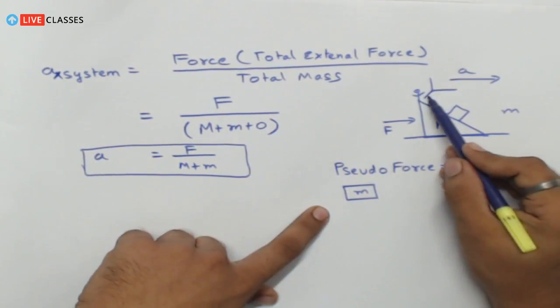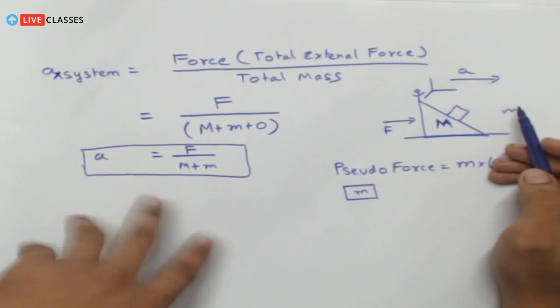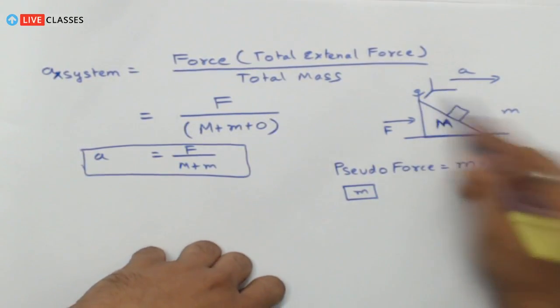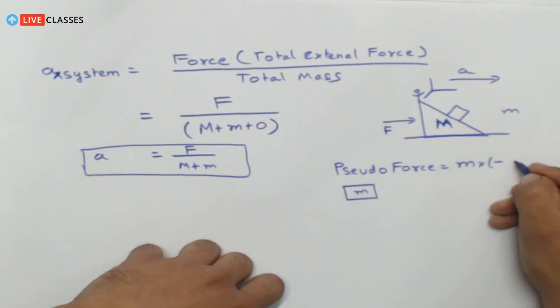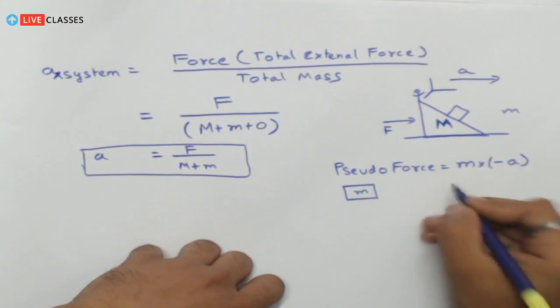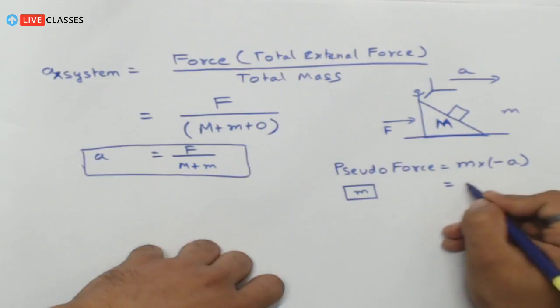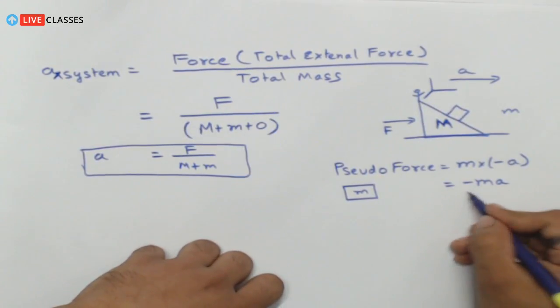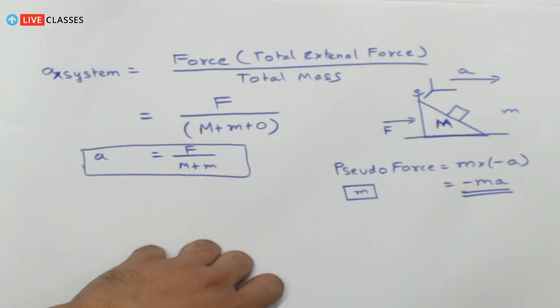The acceleration of the man is A, as the man is the frame of reference, so it will be the negative of the acceleration of the man, that is A. So the pseudo force acting on it is minus mA. As you can see, you got the magnitude of it, right?